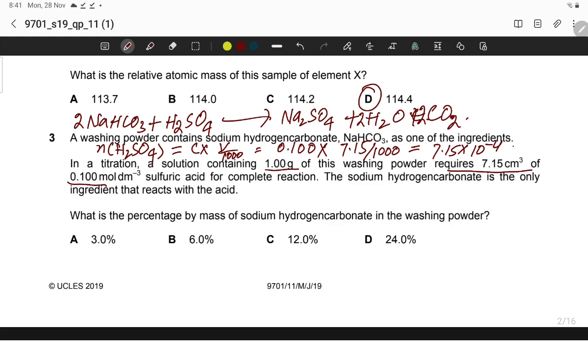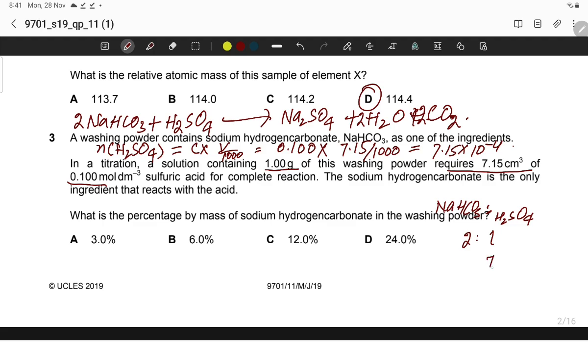So this is by using mole ratio. The ratio is 2 is to 1. This is sodium hydrogen carbonate and this is H2SO4. The 2 moles of sodium hydrogen carbonate react with 1 mole of sulfuric acid. What would be the mole of sodium hydrogen carbonate?